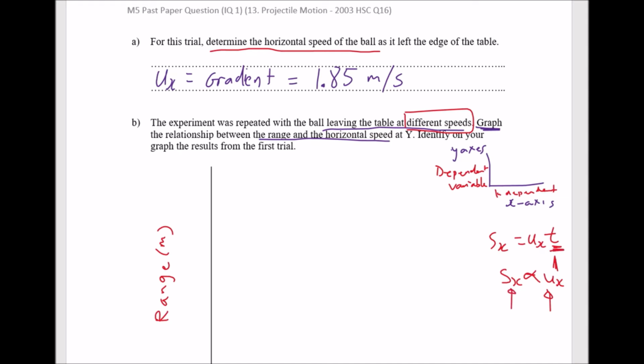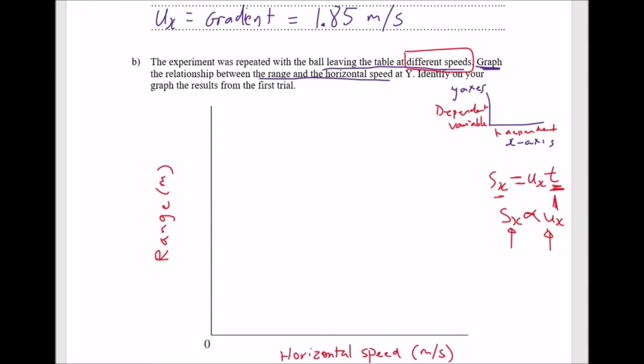It's a value that's not changing. So to maintain the ratio of this equal sign, if ux increases, Sx has to increase with it. So we know that ideally it should be some kind of straight line sloping up like that, because that's a linear function if they're directly proportional.